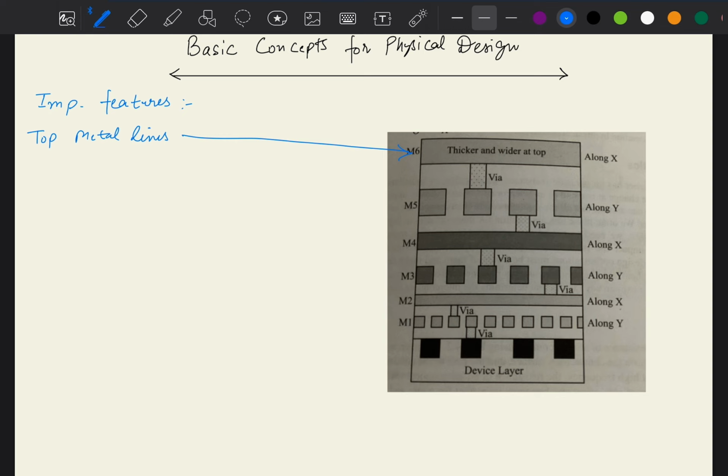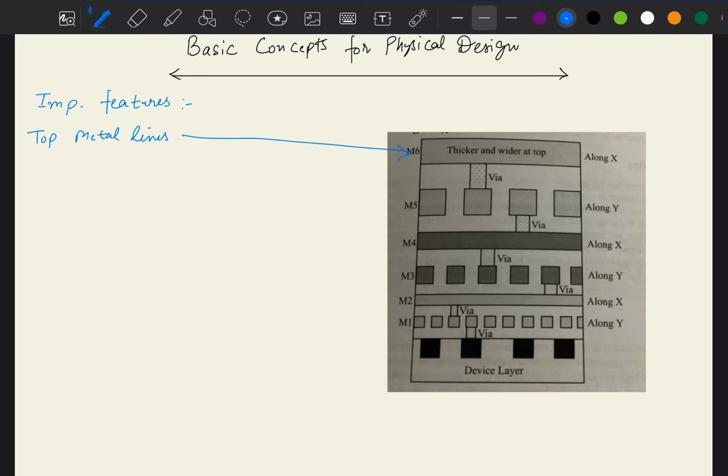So when we increase the thickness of an interconnect layer, its sheet resistance decreases. So what we do, we employ thick top metal layers with low sheet resistances for global interconnect and in the power delivery network.